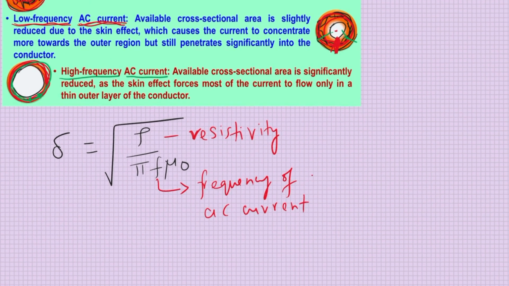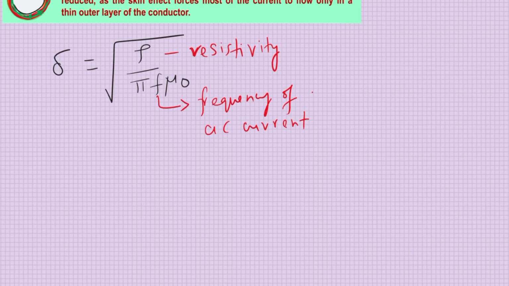Then we will look at another form of this. If you substitute the constant values, the pi value and the mu naught value, the skin depth will turn into the following relation: delta is equal to 0.03 into 10 power 3, times the root of rho divided by f.